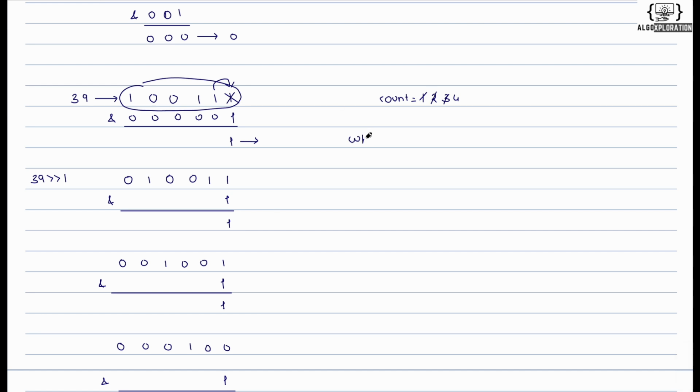While the value of n is greater than 0, we have to do: if n AND 1 is equal to 1, then simply increment the counter. After that we have to right shift n by 1. I will be using the shorthand operator here, so n right shift equals 1.